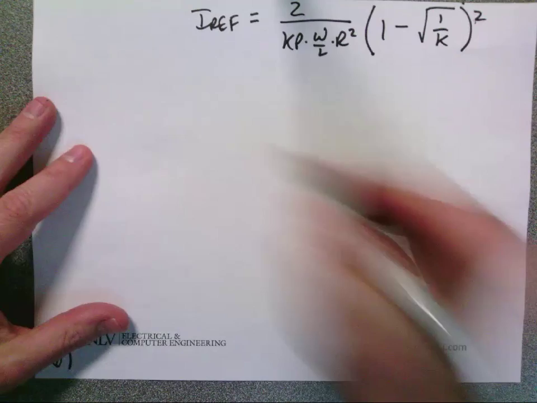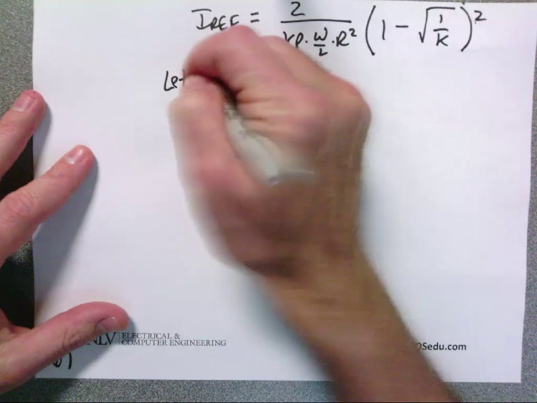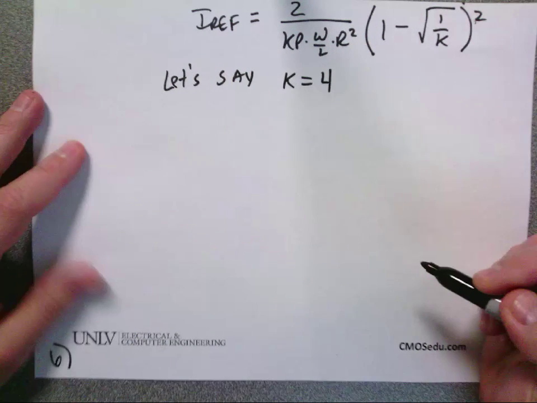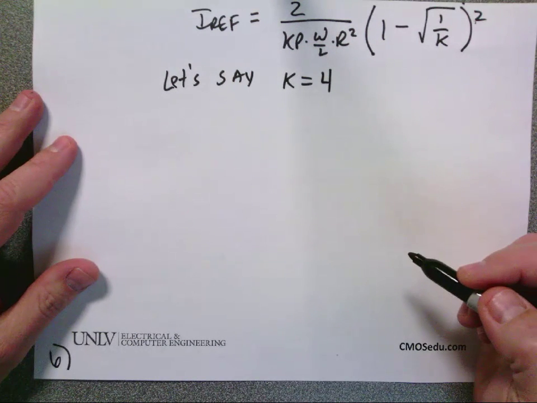So let's say K equals 4. Tell me what happens.